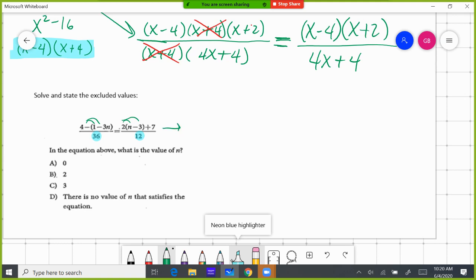So that turns into 4 minus 1 plus 3n over 36 equals 2n minus 6 plus 7 over 12. I'm going to combine like terms. So 4 minus 1 is 3. And negative 6 plus 7 is 1.